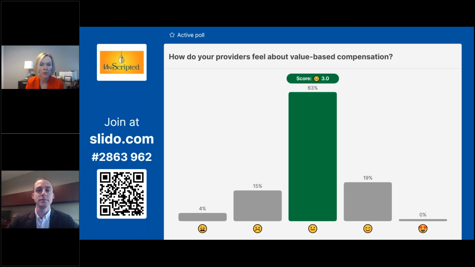The overwhelming majority of our participants today said, meh, about 60% of our attendees. So hopefully today, with the information that we're sharing, as well as the information that you're gathering from other audience members, we can move that more to the right with some of the things that we're going to talk about today, and that we might be able to draw out in some of the remaining questions.